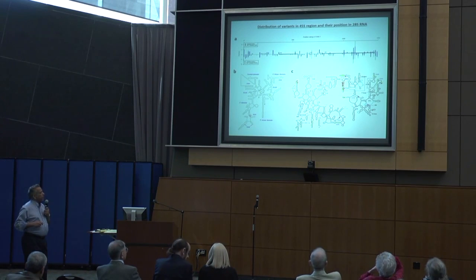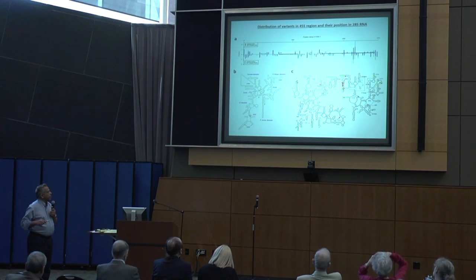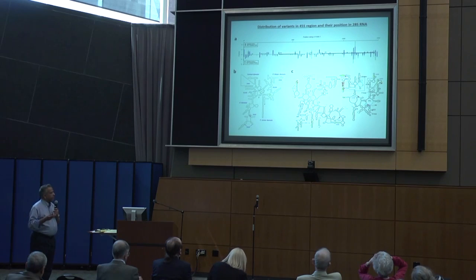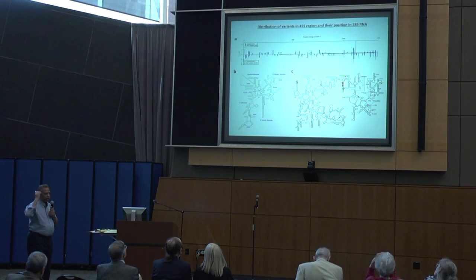And if you go back and map those variants onto the secondary structure of the RNA, we can see that they fall into certain portions of the rDNA in what are called the expansion segments. These expansion segments are species specific. They have been accumulated through evolution to support the function of the particular species.